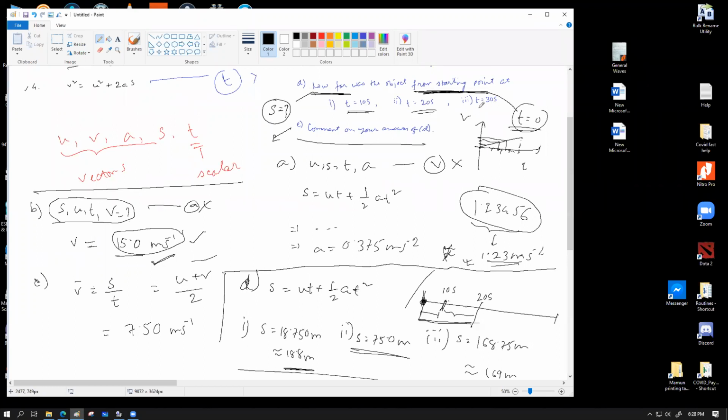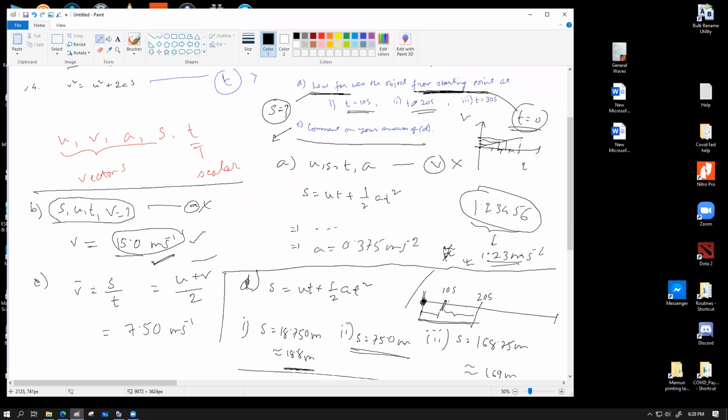So they're already giving you an indication of what you should use to make your comments. A 10 second displacement will come, a 20 second displacement will come, a 30 second displacement will come, and you already know from the question the total displacement after 40 seconds. So they are already giving you the data and they want you to make a comment about this.